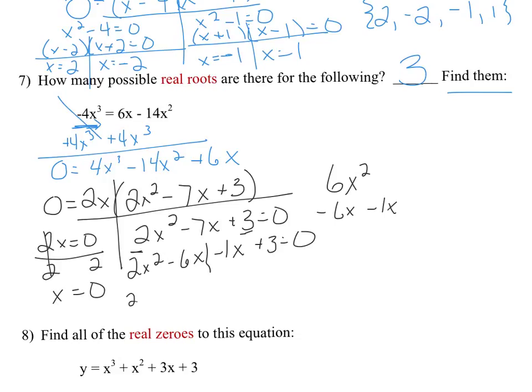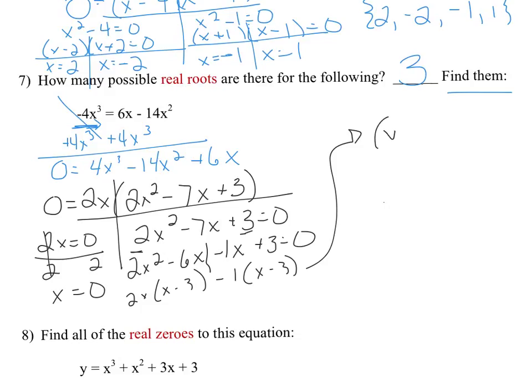Factor by grouping, 2x, x minus 3, -1, x minus 3. So our 2 factors, can I erase? Yeah, excuse me. I'm going to bring it up to the top there. So our 2 factors are x minus 3 and 2x minus 1.